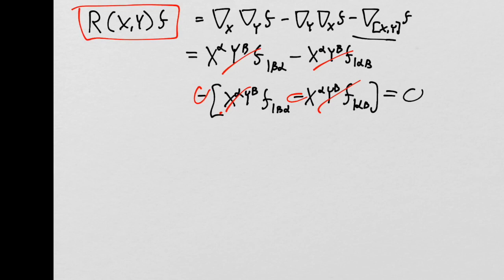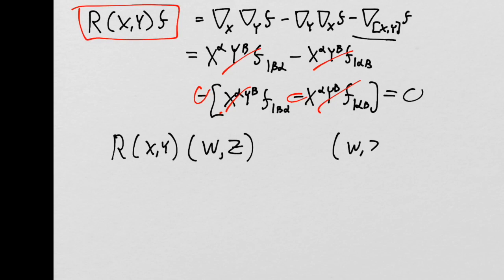And the reason that's important is because now I can say that the curvature mapping, when I act on a specific function that I'm going to create out of two vectors, w and z. Now you may remember our notation for the inner product of two vectors was parentheses w comma z. That was my notation for the inner product. A very standard alternative that's used everywhere is w dot z.